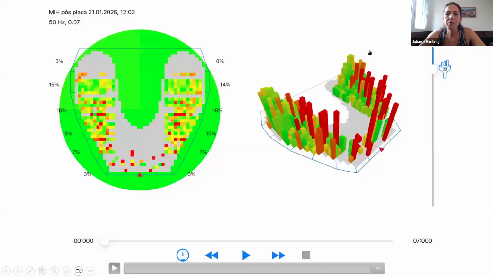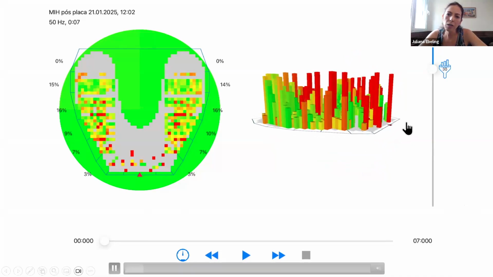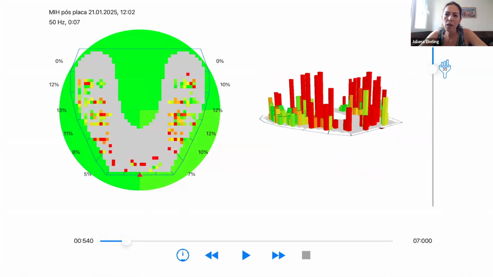Look, if I have the maximum intercuspation, I have a good distribution. But look that the contacts are larger here in the back and more punctual in the others. But this is the maximum force. When I look at how the movement is, how these contacts are reached at the end of the movement, I can see that.